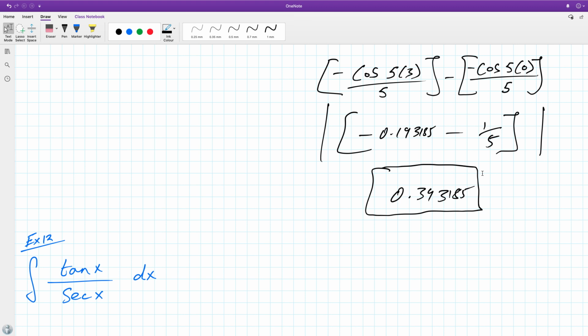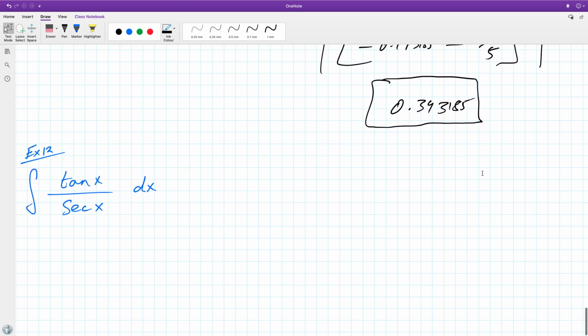Right, this time, when it comes up a bit like this, use trig rules before you integrate. I.e., simplify it before you integrate. Don't try to integrate tan and integrate sec. So use our log.